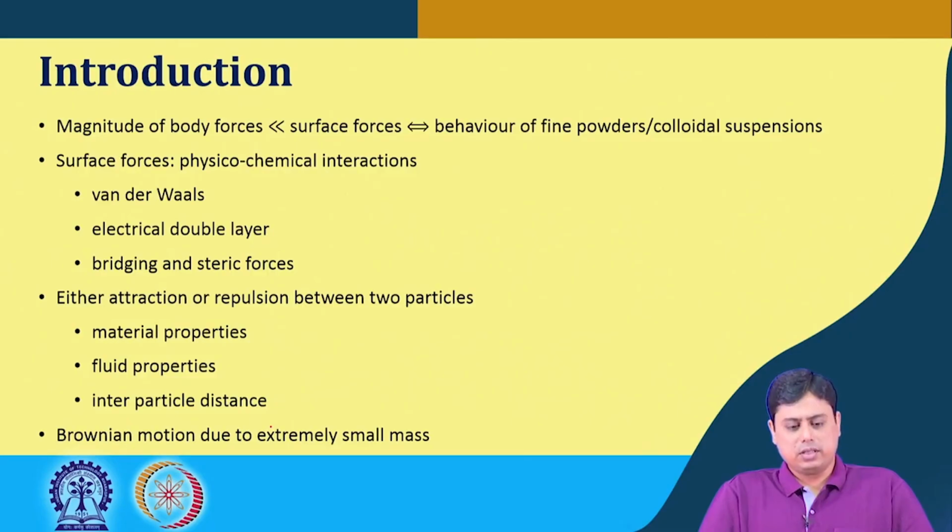Now, these surface forces are the physicochemical interactions between two molecules or two atoms, and the examples of these surface forces are the van der Waals forces, electrical double layer, bridging and steric forces, etc. The summation of these forces can be attractive or repulsive, and that actually dictates whether the two different particles will come together, or be repulsive in nature, so that they will be kept away at a certain distance.